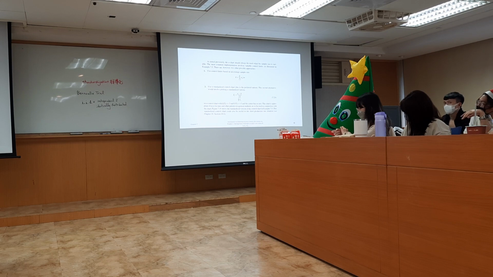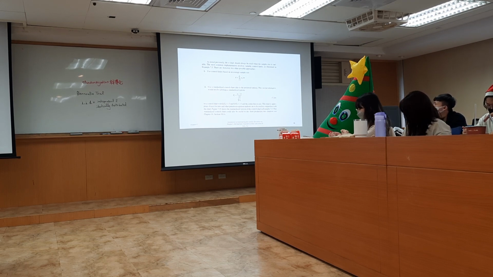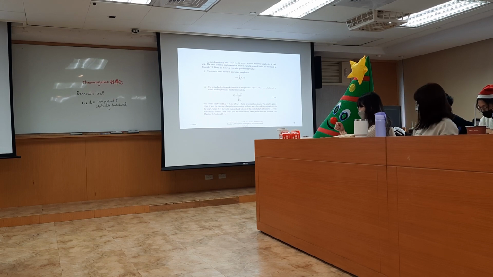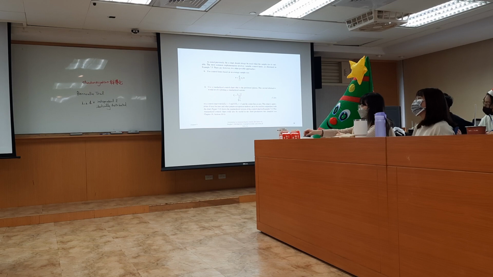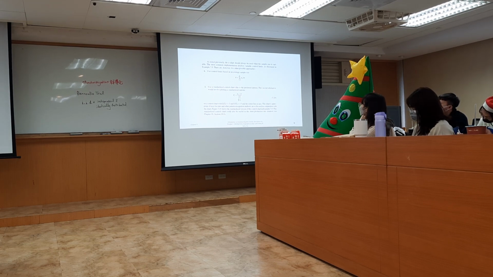However, there are two other possible approaches. The first one is based upon the average sample size, n bar. Totally we have different sample sizes, so we take the average of all the different sample sizes.